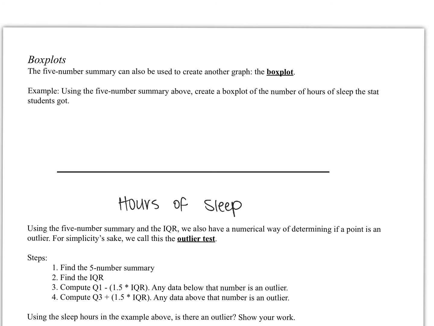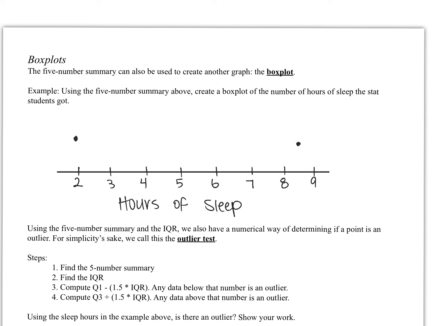Okay. When you are labeling your axis, you start with the lowest value and then you want to go to the max. Now I am rounding up because the max is a decimal. So 2, 3, 4, 5, 6, 7, 8, and 9. So the first thing we're going to label is our min, and we're going to place a dot. And then we're going to label our max, and it also gets a dot. Okay.